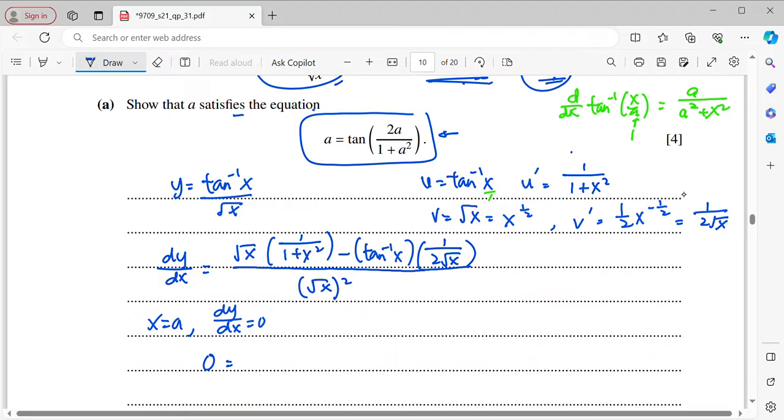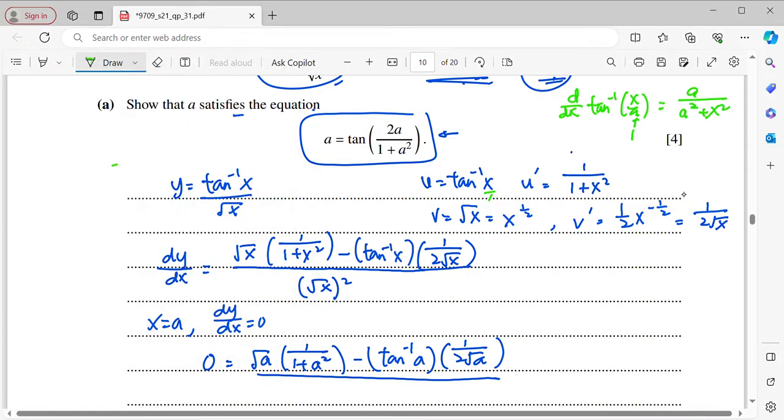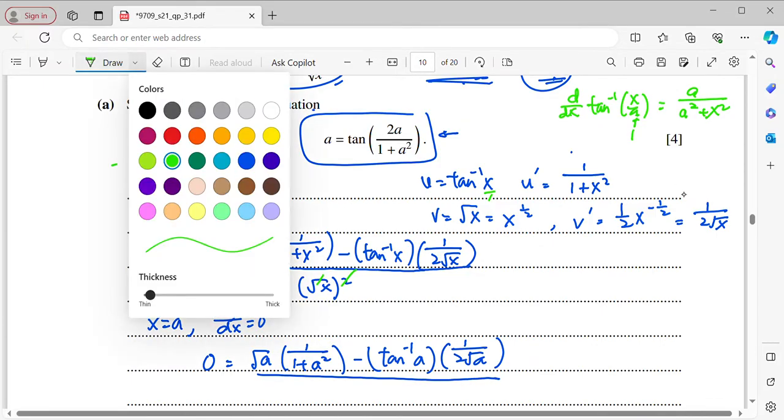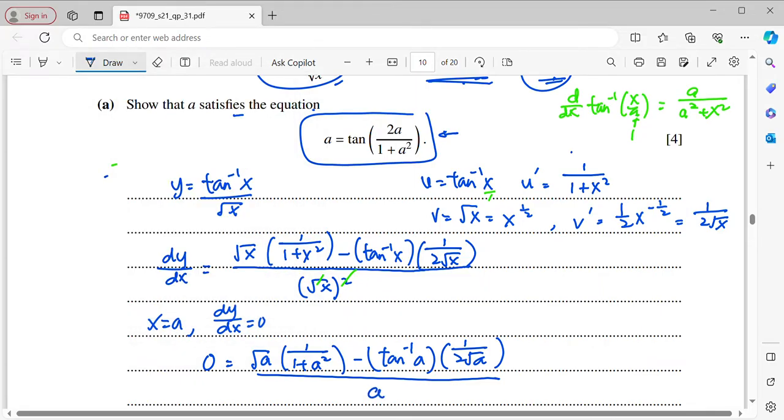The first one, I'm getting square root a bracket 1 over 1 plus a squared minus inverse tangent a multiply with 1 over 2 square root a, then over, for your information, square and square root cancel off, then I will just get a, because just get x. So from here I need to get a is tangent of this.